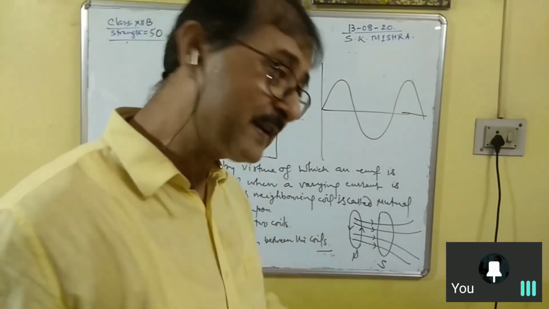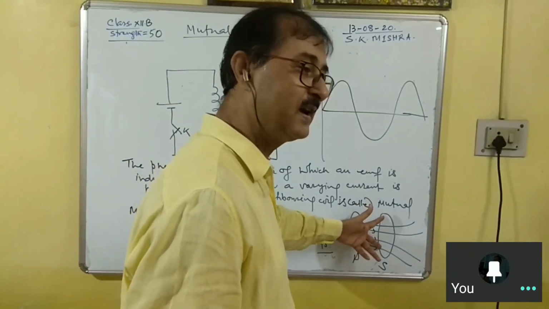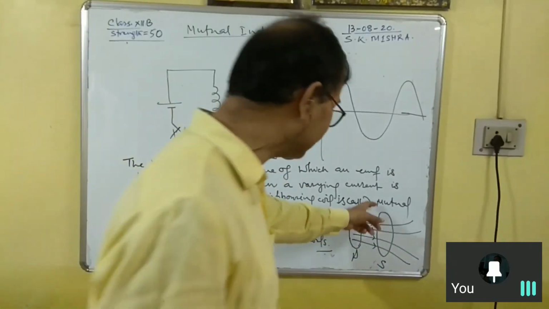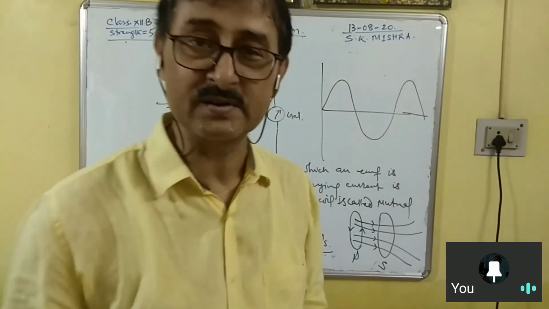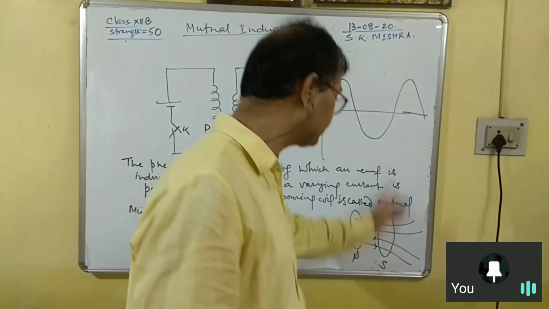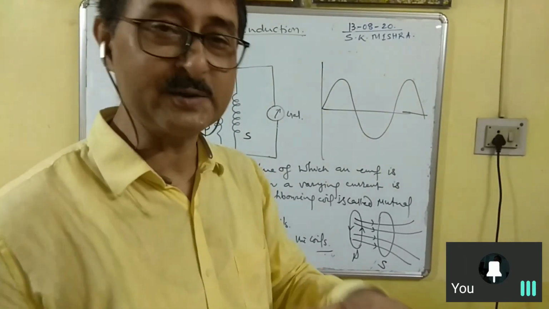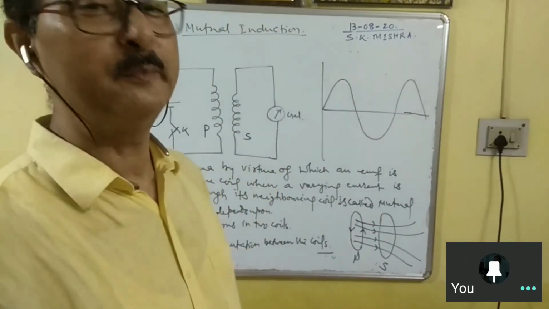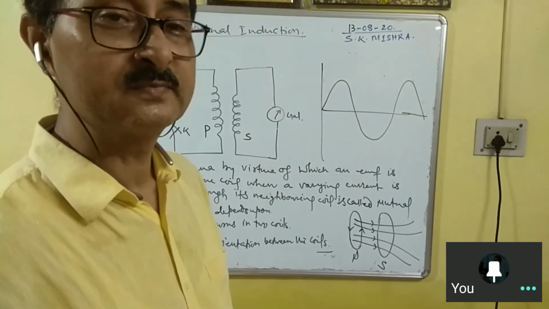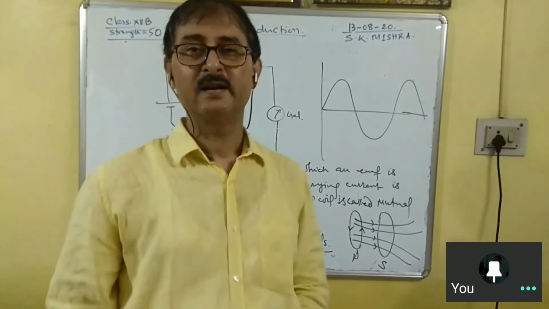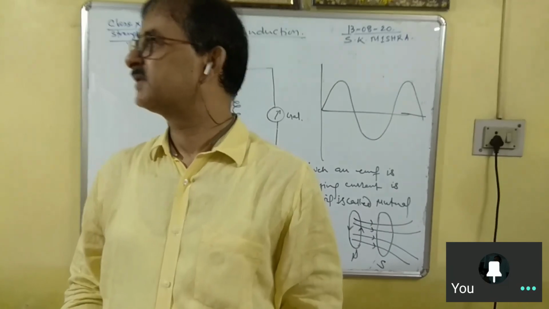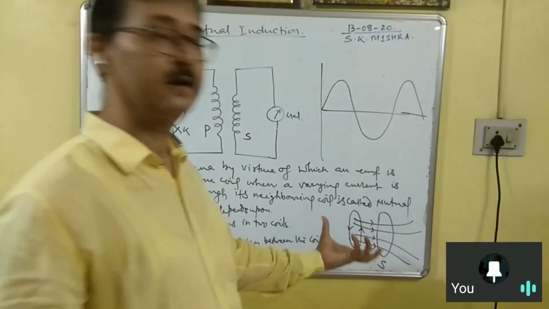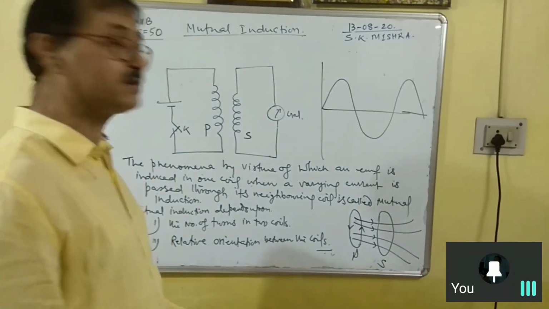And whenever there is a change in magnetic flux, an induced EMF or induced current, if the circuit is closed, an induced current will develop. Induced current is produced in secondary coil. This phenomena is called mutual induction. Got it? Am I clear to you? So what is mutual induction? This is mutual induction phenomena.